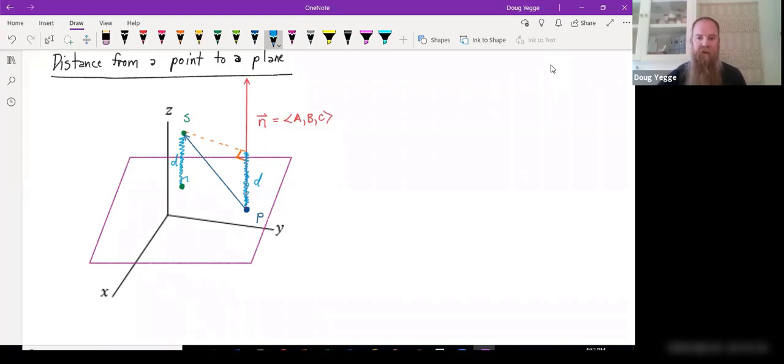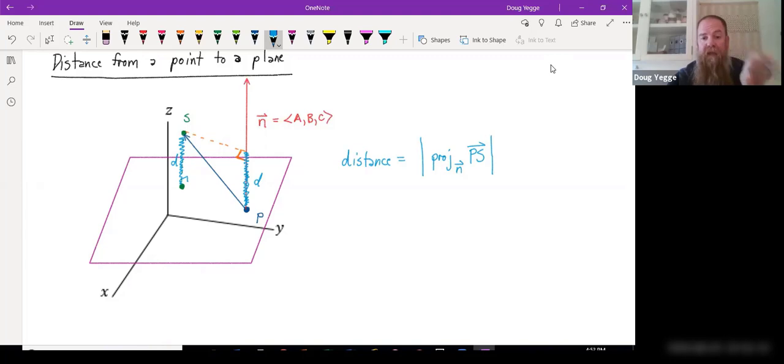So we can say that our distance is equal to the magnitude of the projection of PS onto vector N. We know how to find the projection. It's literally just the application involving the dot product.